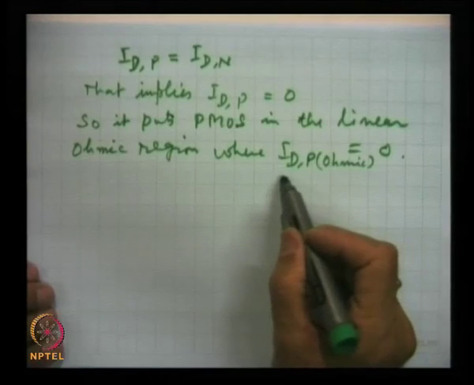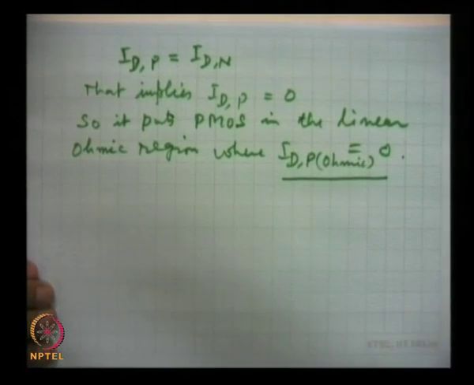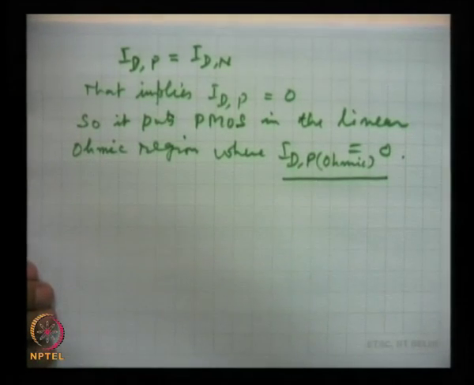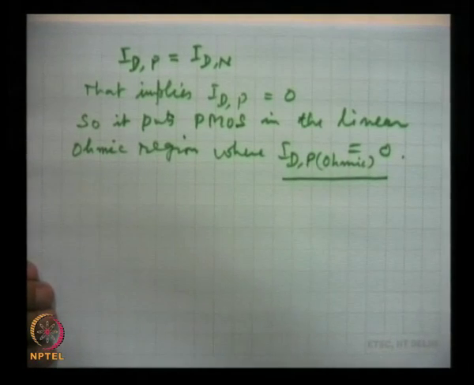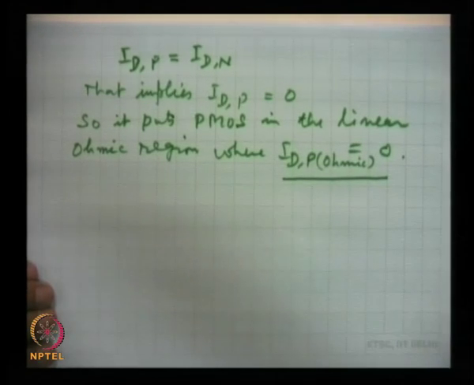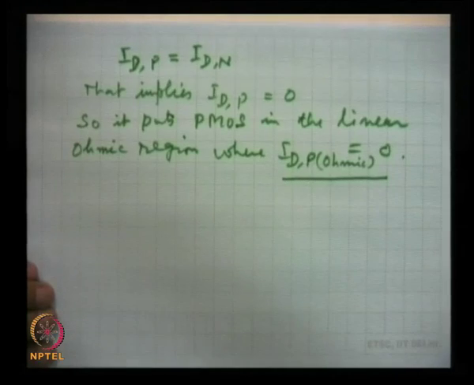And once we write the expression, which we talked about when we discussed the enhancement MOSFET, then in ohmic region the drain current is given by a certain expression.